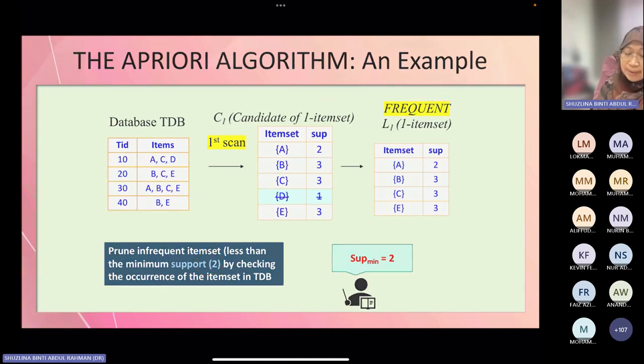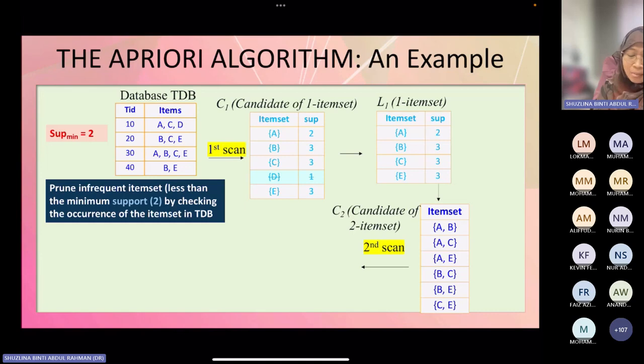These are the frequent itemsets of k equal to 1 with their support values. Next, we proceed to the candidate of k equal to 2. Now we want to generate k equal to 2, which is the second scan.